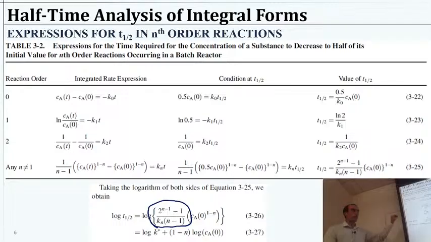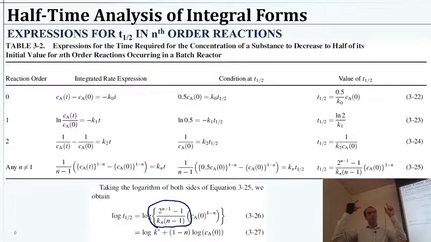Say, okay, here's k star, and then the portion that contains our initial concentration, C naught, that's to the 1 minus n power. Given that all of this is in a log, we can take this and say that's going to be equal to log of k star plus the log of the C naught to the 1 minus n power.